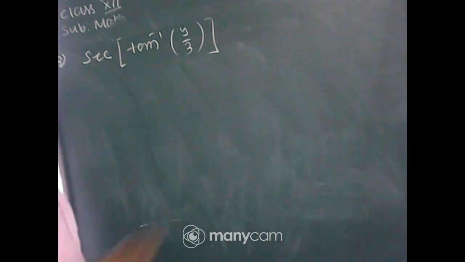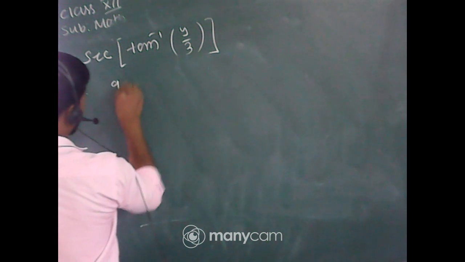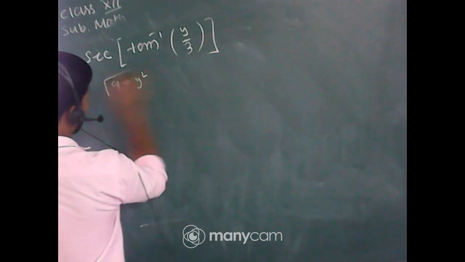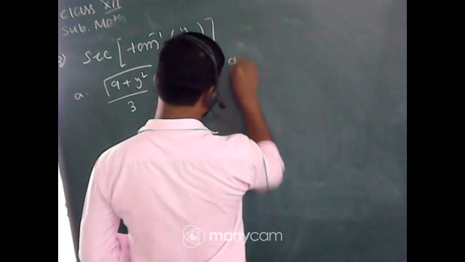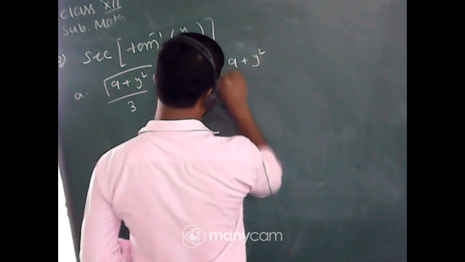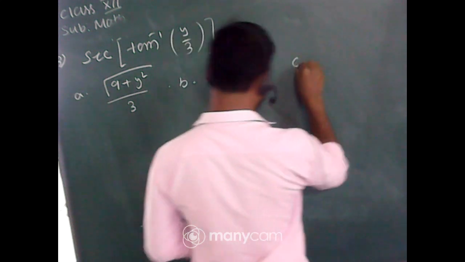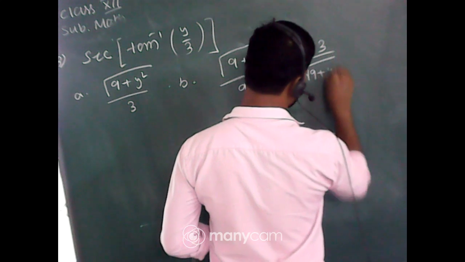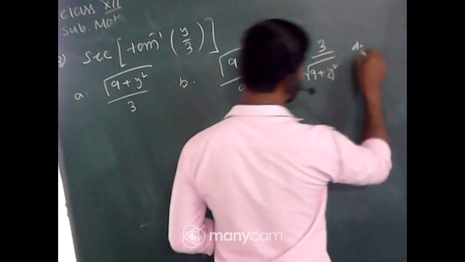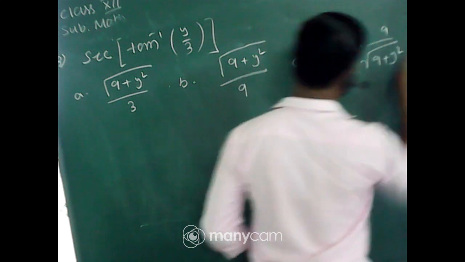Okay, Arpita? Now write the options. Option A is root over of 9 plus y square, by 3. Option B is 9 plus root over of 9 plus y square, by 9. Option C is 3 by root over of 9 plus y square, and option D is 9 by root over of 9 plus y square.